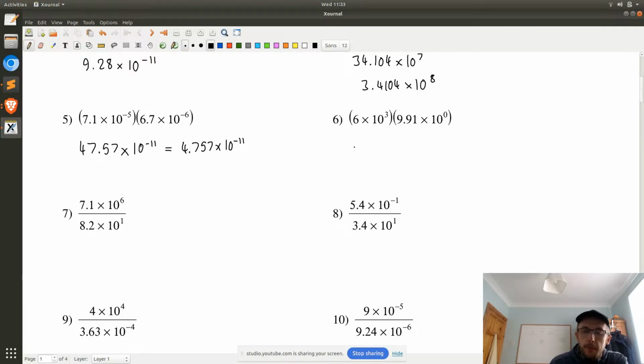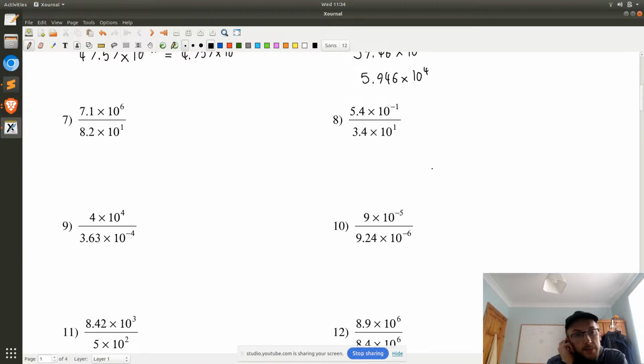Try again. 59.46. 59.46. That's better. Times 10 to the 3. Okay, correct it. 10 times smaller, 10 times bigger.